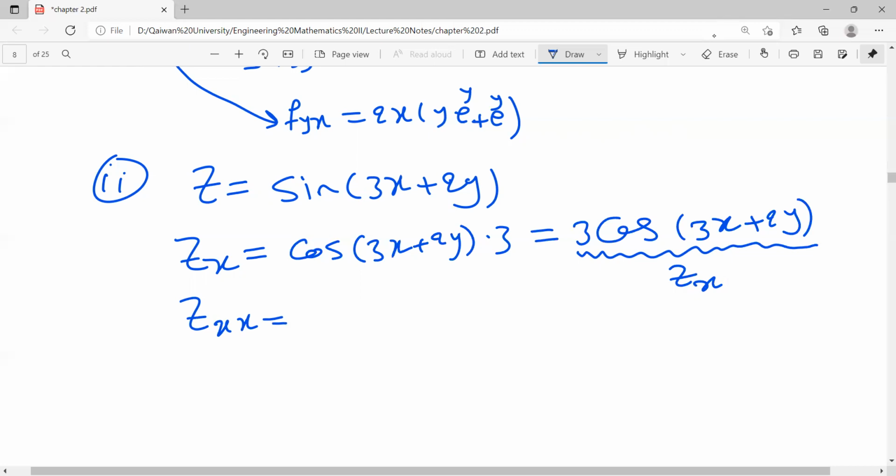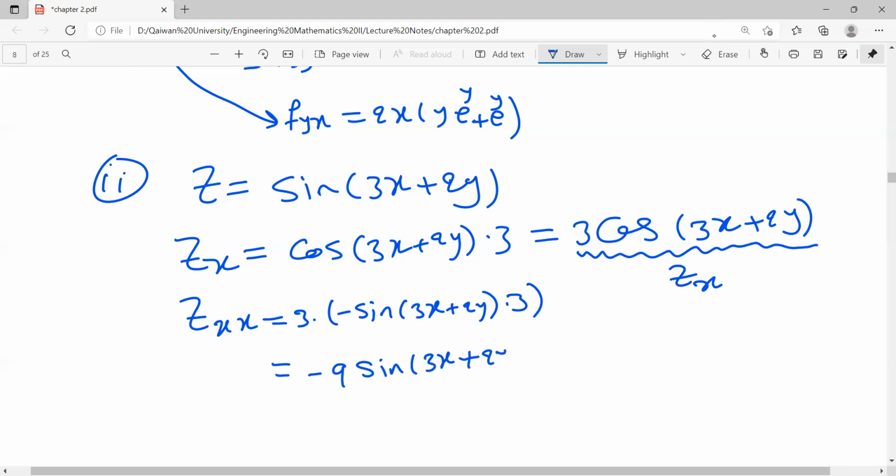The derivative of cosine, here we have 3, and the derivative of cosine is minus sine, so minus sine 3x plus 2y times the derivative of the angle. The derivative of the angle 3x plus 2y with respect to x is 3. And it equals minus 9 sine 3x plus 2y. This is z sub xx.